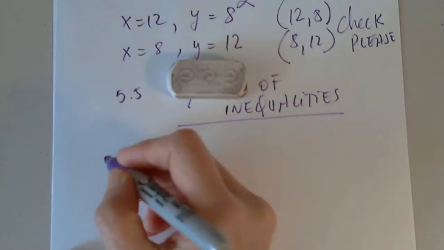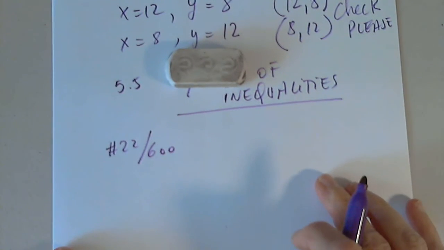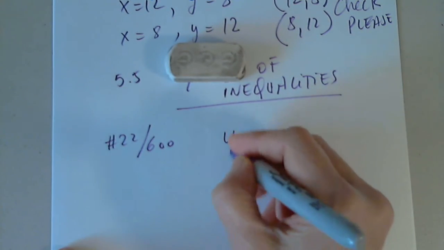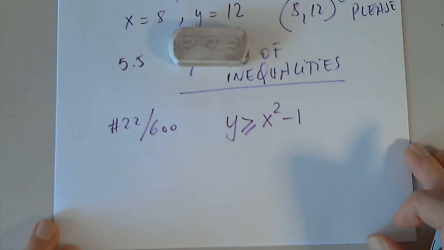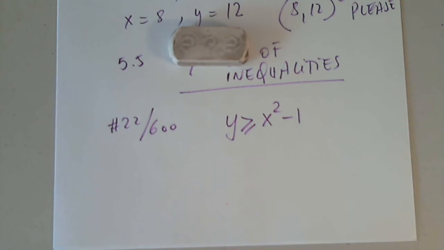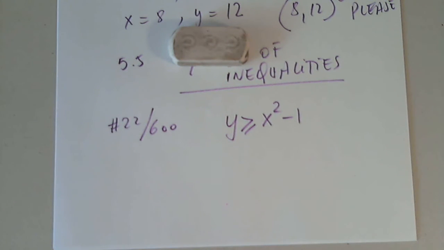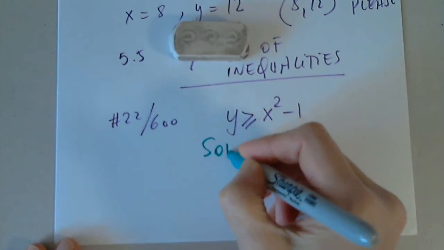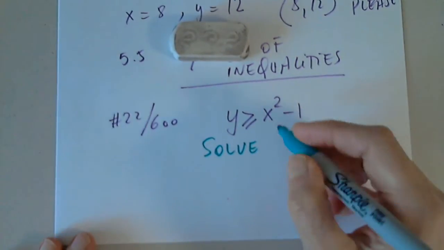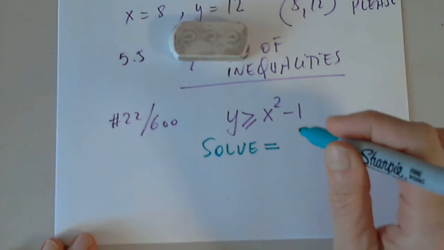let's look at 22. We are on page 600. And I have y greater than or equal to x squared minus 1. And this is an inequality. It's a nonlinear inequality because it has x squared. And in order to solve an inequality like this, I never said this to you, but this is true here.